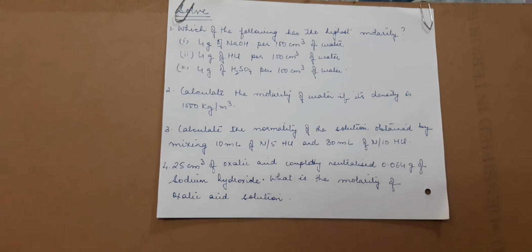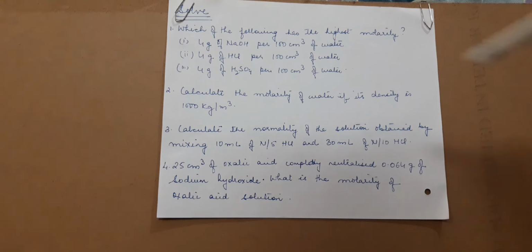The first one, which of the following has the highest molarity? 4 gram of NaOH per 100 centimeter cube of water, or 4 gram of HCl per 100 centimeter cube of water, or 4 gram of H2SO4 per 100 centimeter cube of water.